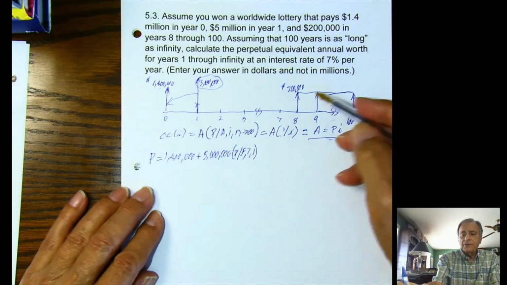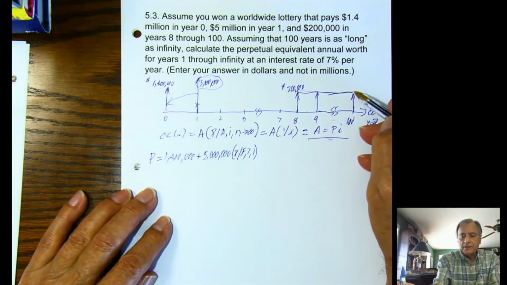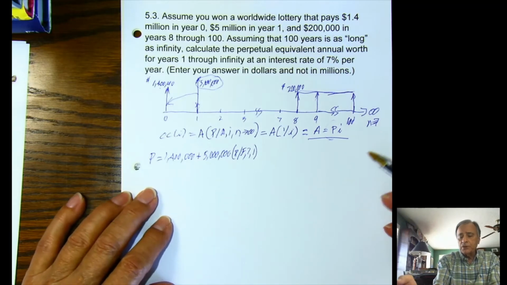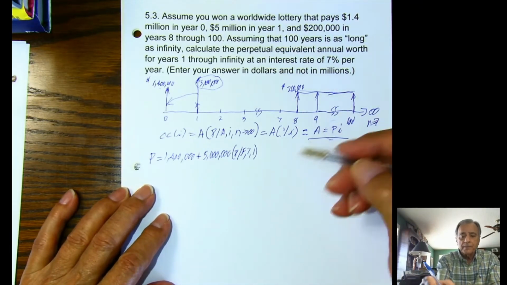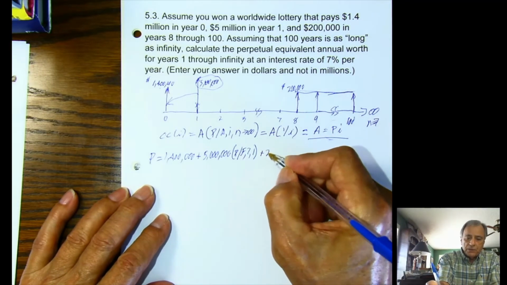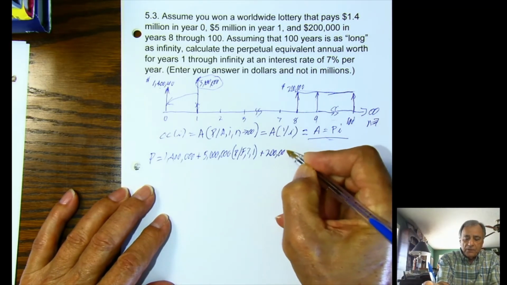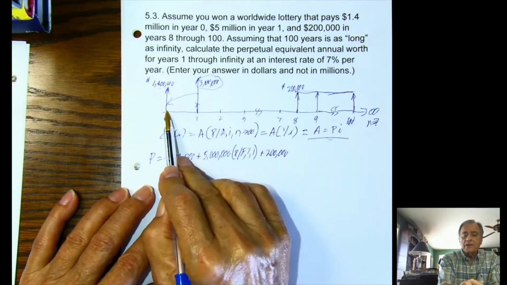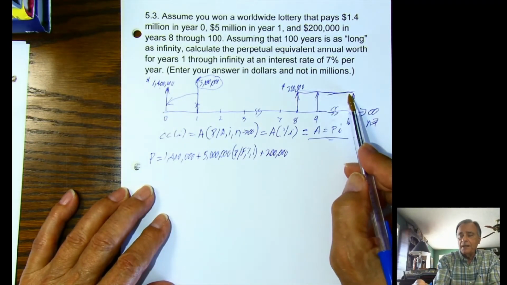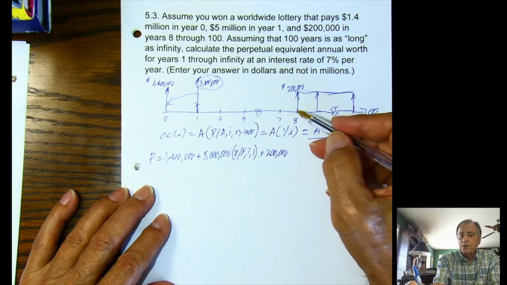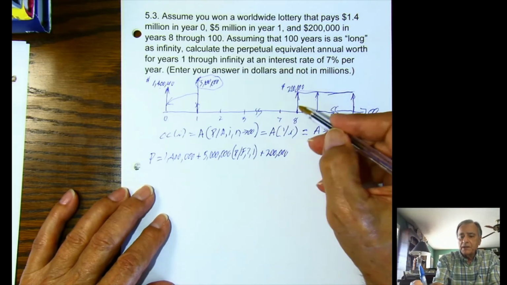Now I have this uniform series sitting out here of $200,000. So that's an A series, dollars per year. And so that's going to be plus 200, and I want to find its value back here. If I multiply this series times P given A, I will get a value 1 year before the year that the series starts.